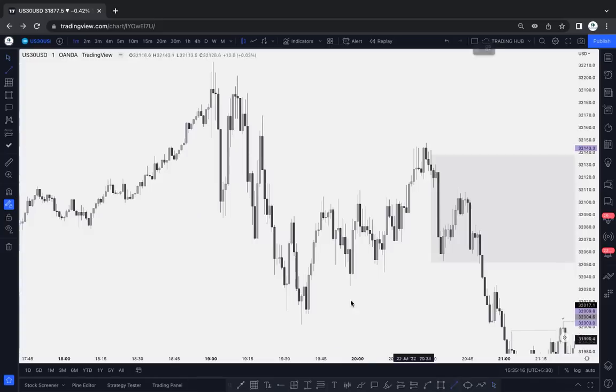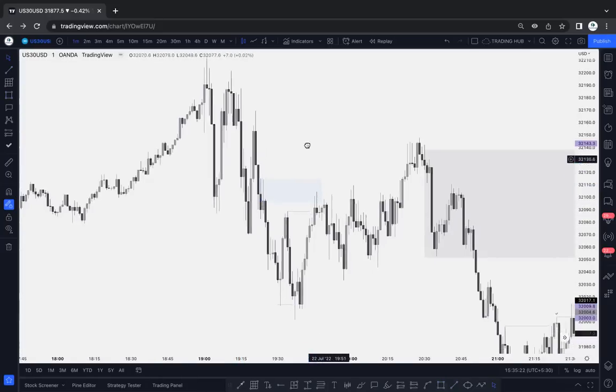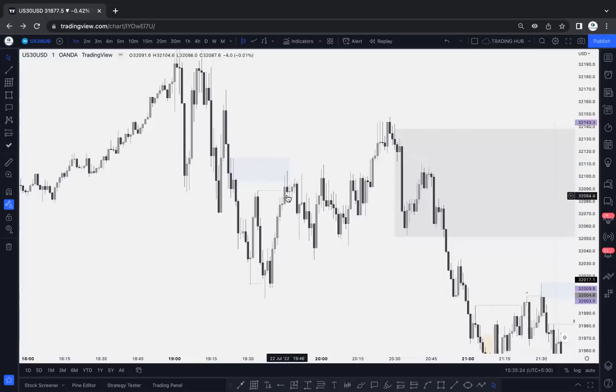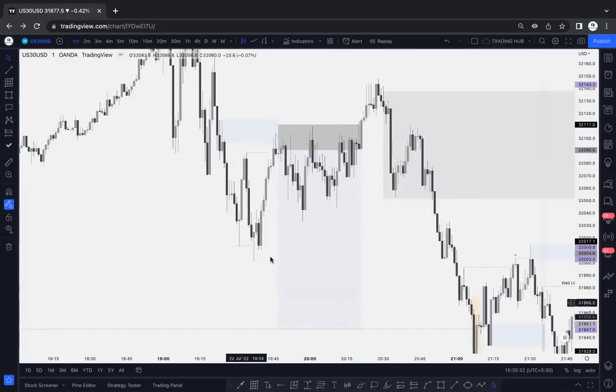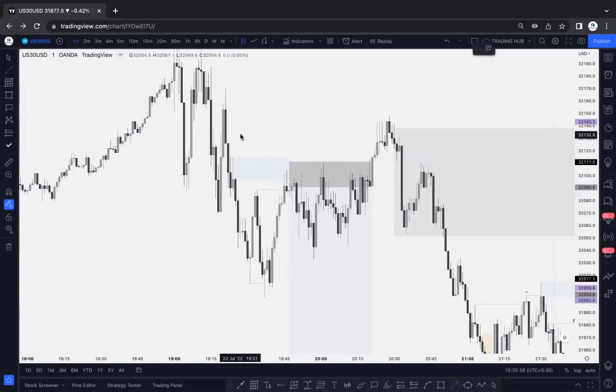But sometimes, for example, this inducement takes a reaction and we can sell here on this candle, and the target is here. It gives a reaction, and we can move our stop loss to break even, and maybe hit the stop loss. Okay, and then what happened? It took an odd tap on this extreme.